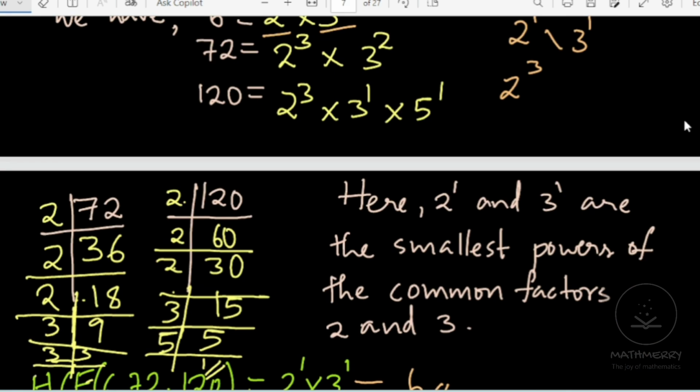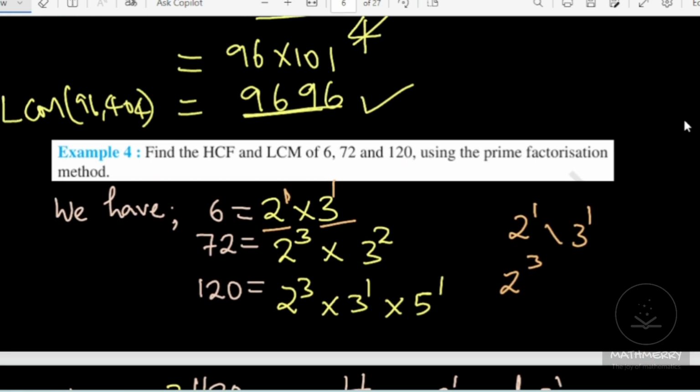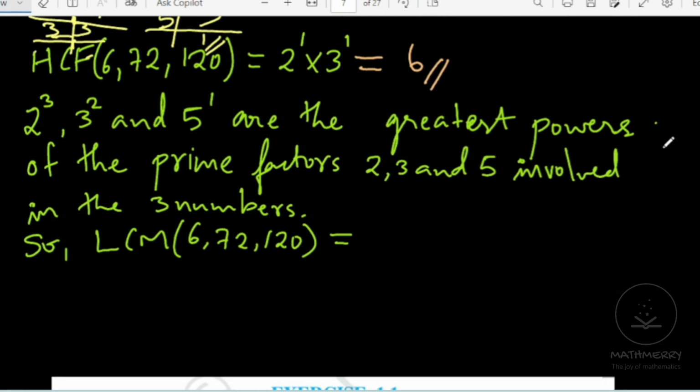Then the highest power of 3, which is 3 square, into the highest power of 5, it is 1 itself, so 5 raised to 1. So that will be our LCM. So the LCM of 6, 72 and 120 will be equal to 2 raised to 3 into 3 raised to 2 into 5 raised to 1.